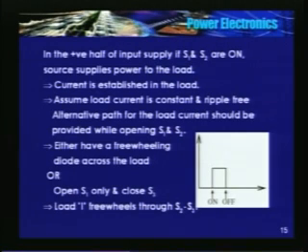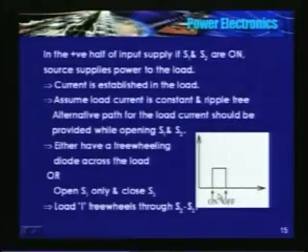In a bridge, in the positive half, if I trigger T1 and T2, the source supplies power to the load. In the positive half, T1 and T2 on, source supplies power to the load.